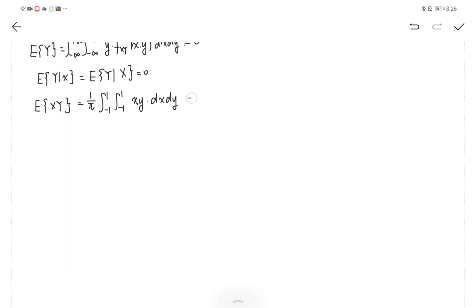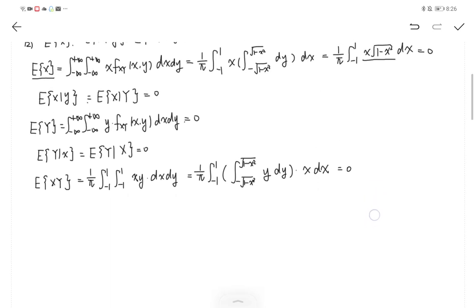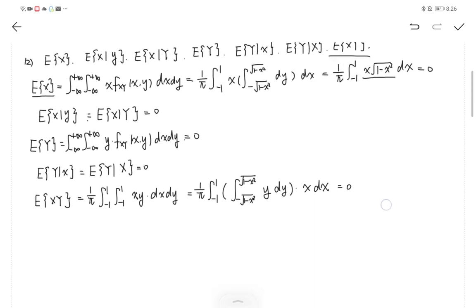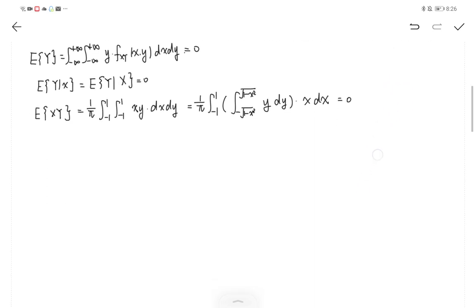So it equals the integral from minus 1 to 1 of y dy times x dx, and we can get this also equals 0. So this is the value of these expectations.